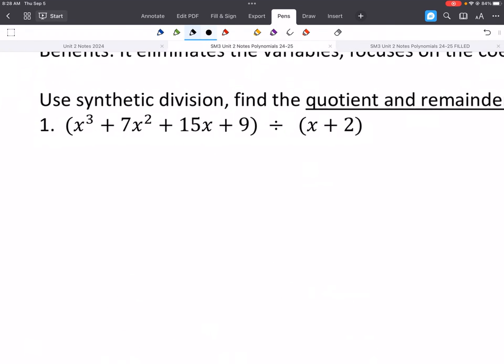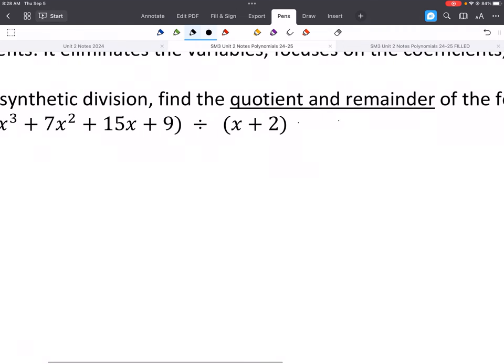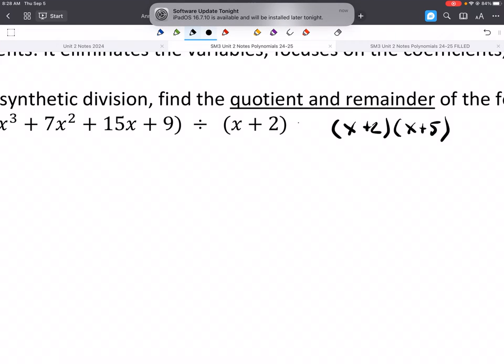All right, so here we go. Let's give this a try. First off, what you're going to want to do is find the root that's associated with the divisor. So like if we had a problem like x plus 2 and then x plus 5, when I say find the roots, what makes this be 0?